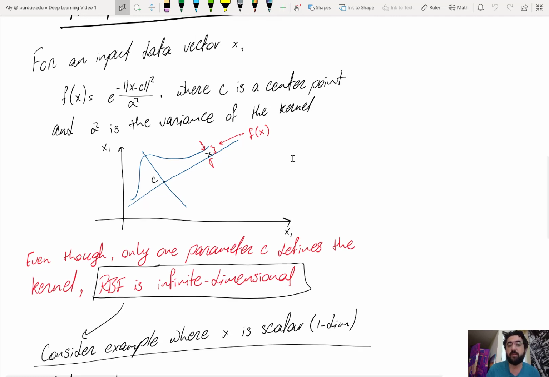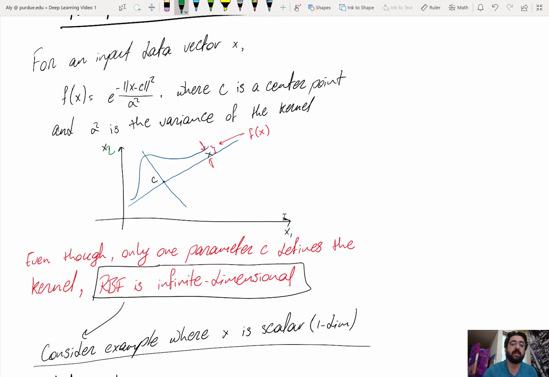So an RBF function of a variable x, that variable could be a vector, right? Is basically the negative exponential of the L2 norm or the Euclidean distance between this vector x and the center point C. So here in a two-dimensional space, if x has x1 and x2, right?